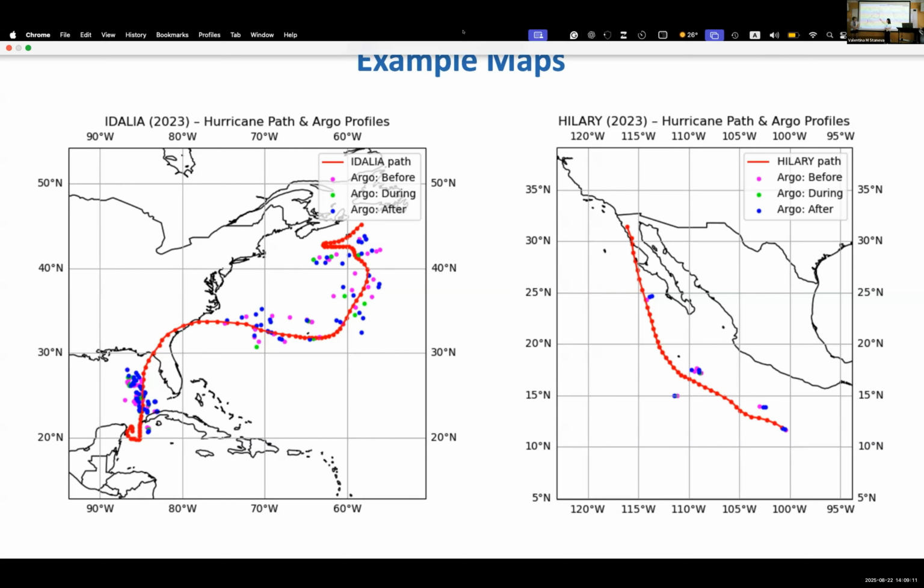If you look closer, you can see that three of these, before, during, and after, overlap here, which means we could figure out how this region changed during the hurricane. So this is a strong hurricane, and we can do the same thing and compare how different hurricanes affected the mixing of the ocean.